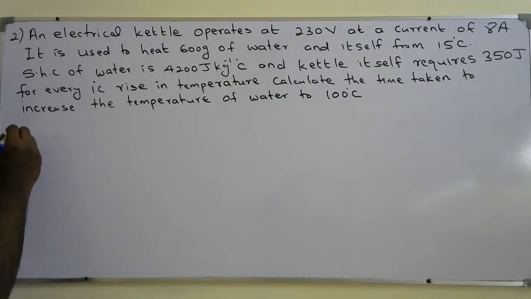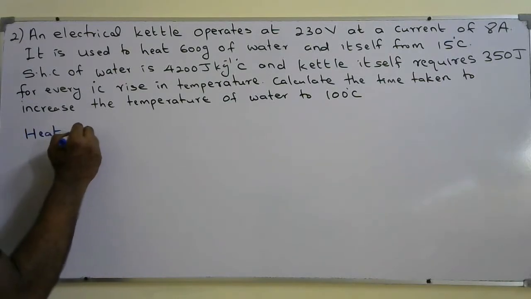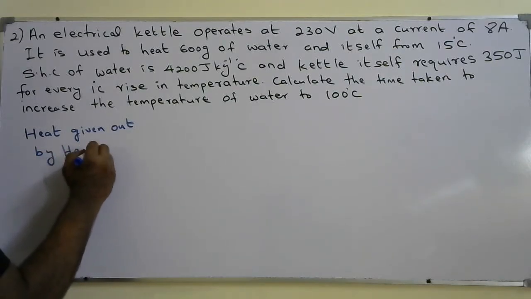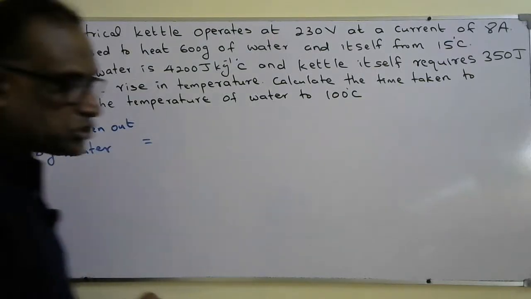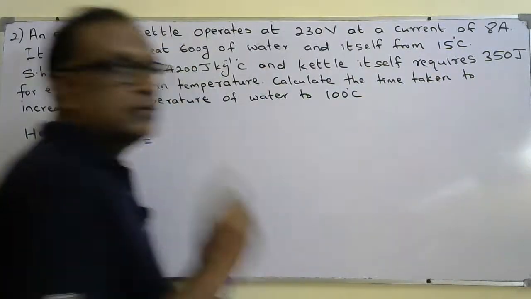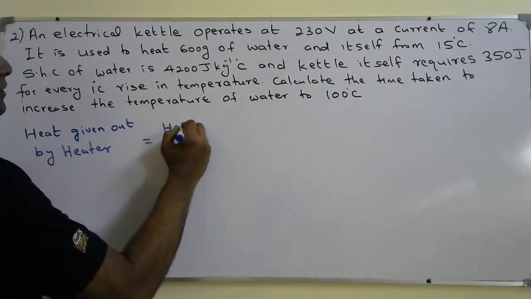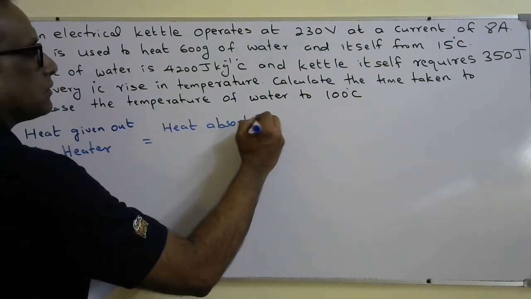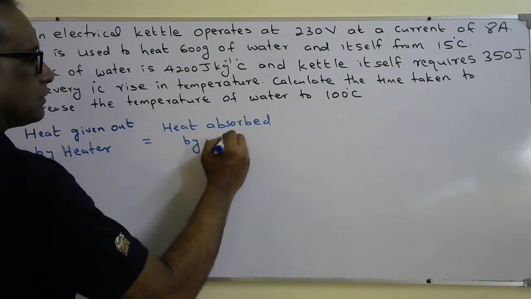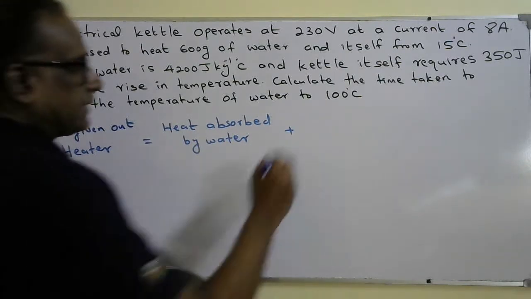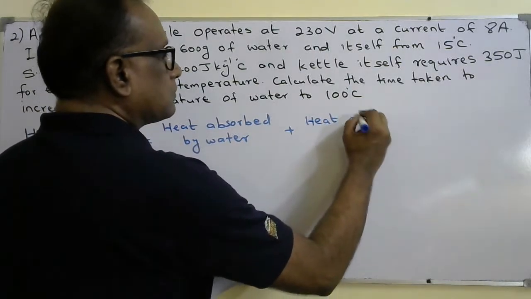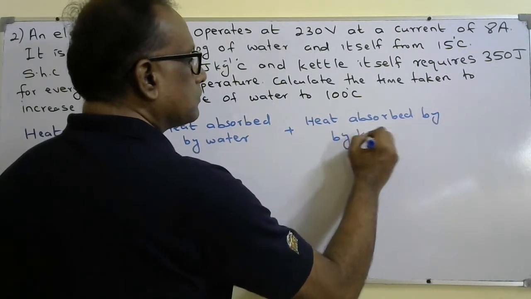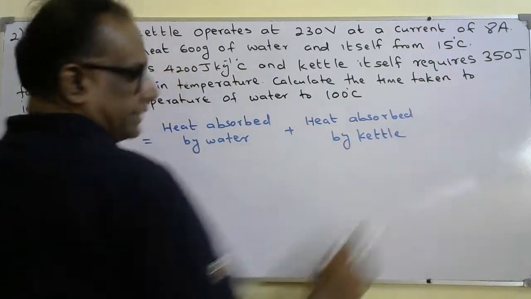Heat given out by the heater is equal to heat absorbed by the water plus heat absorbed by the kettle.